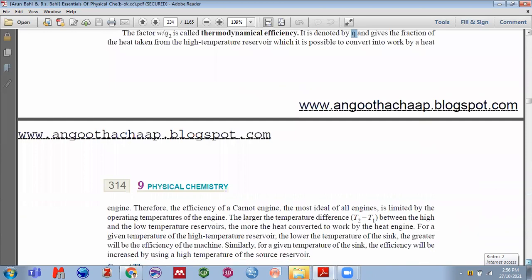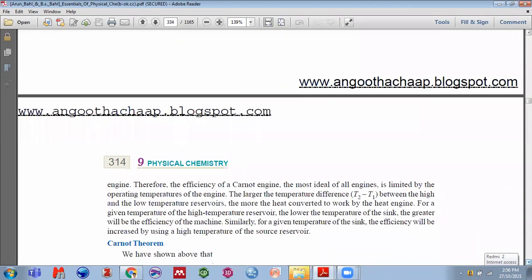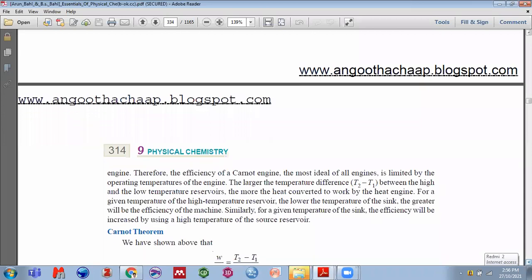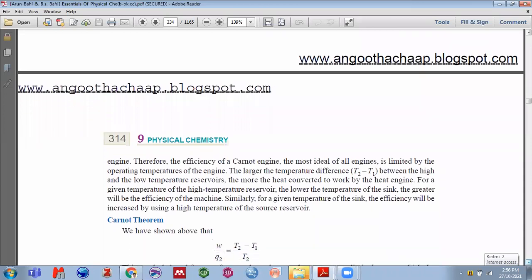Therefore, the efficiency of a Carnot engine, the most ideal of all engines, is limited by the operating temperature of the engine. The larger the temperature difference T2 minus T1 between high and low temperature reservoir, the more the heat converted to work by the engine.